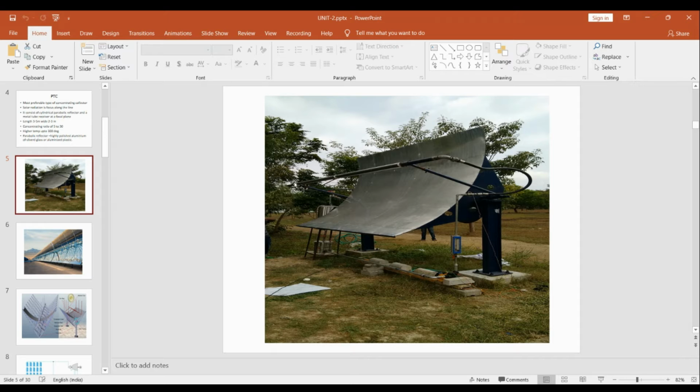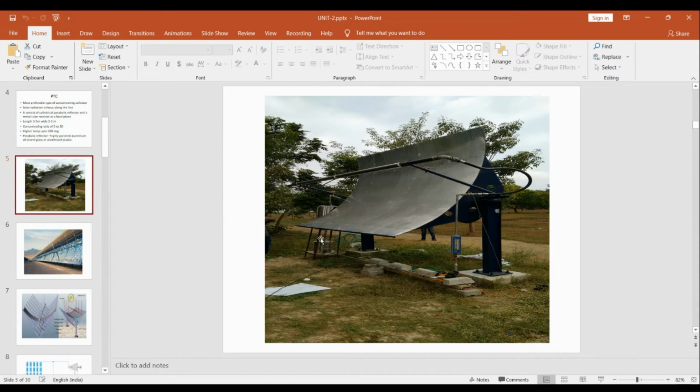So this is the receiver, right? And this is the reflecting dish. This is the pressure gauge, which is used to control the pressure of the working fluid moving towards this tube.